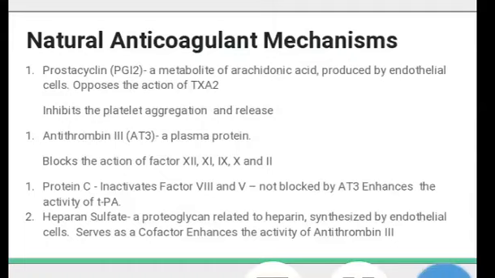The third one is protein C. Protein C is generally present in inactive form in the body. There is a molecule known as thrombomodulin, which is present on the endothelial cell surface in the blood vessel. Thrombin is present in the blood, and thrombin normally helps in the coagulation process.